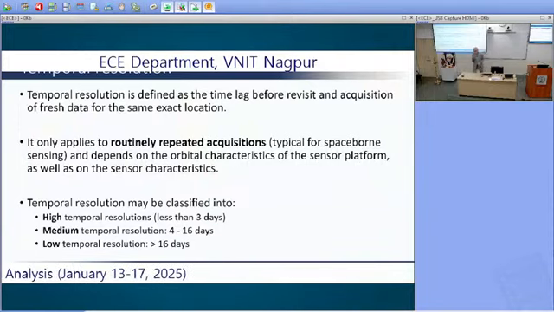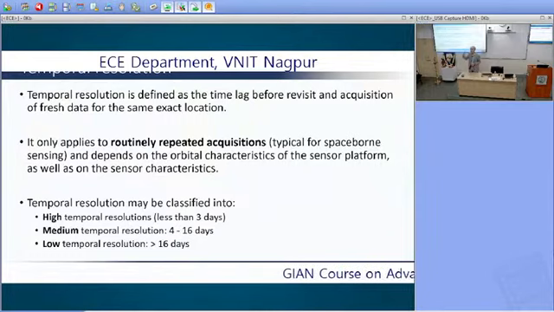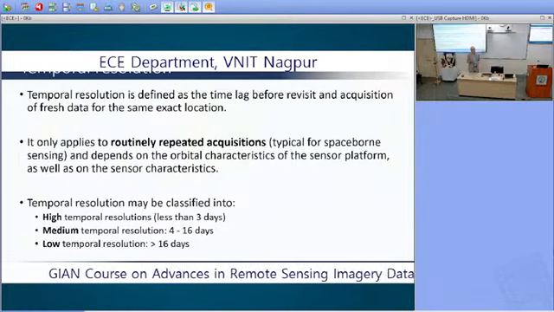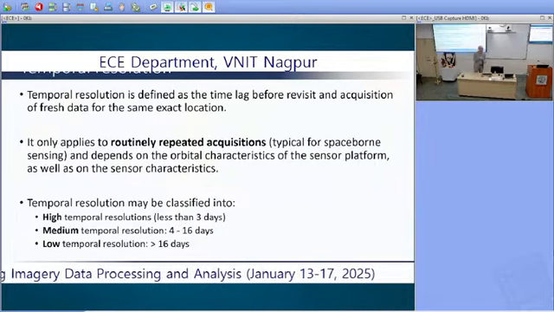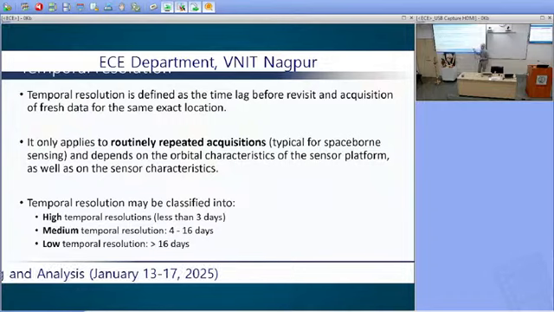Since you're dealing with objects in an orbit with a regular pattern, you will have a regular temporal pattern of measurement. The same satellite will fly over the same location time and again. So you will get a regular series of fresh acquisitions every second day, every third day, every week, every whatever. That period is called temporal resolution.